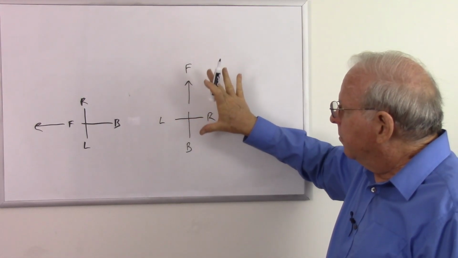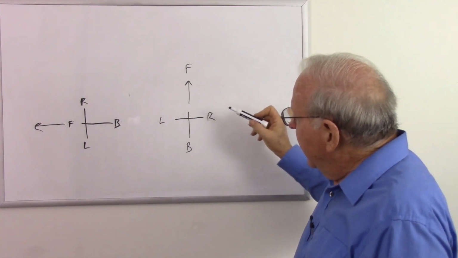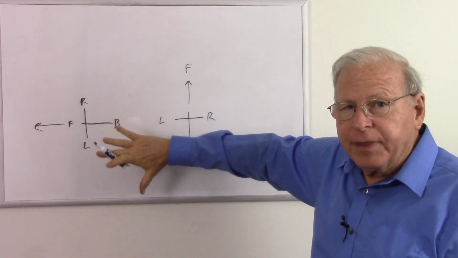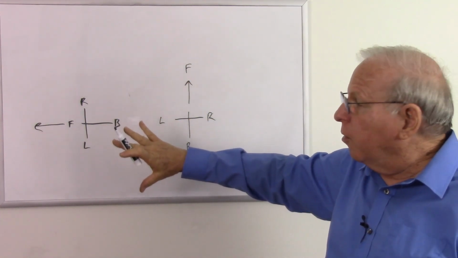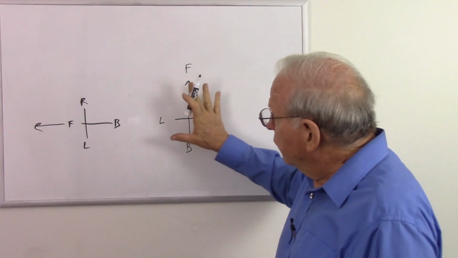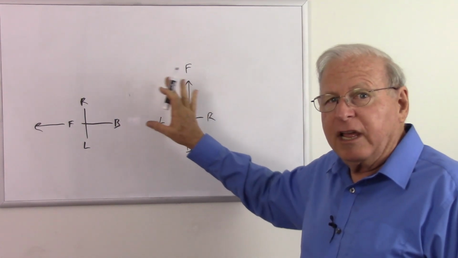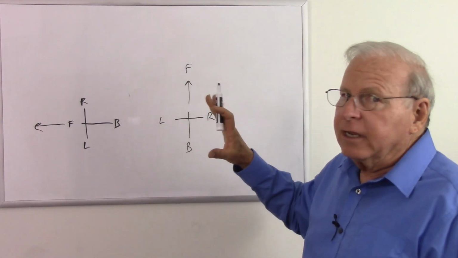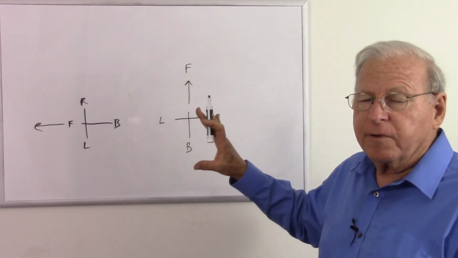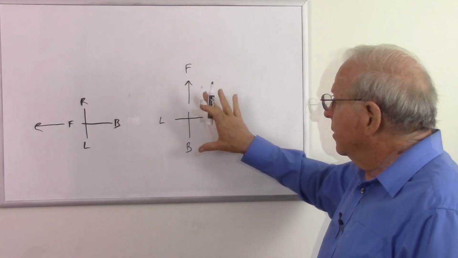So here's airplane number 2, here's airplane number 1, and by flying in a different direction, he is rotating his frame of reference. This will become important when we see what happens when we add that fourth dimension of time. So flying in a different direction rotates your frame of reference. When we get to the nitty-gritty, it's going to be any motion at all rotates your frame of reference, but we'll see that as it comes along.